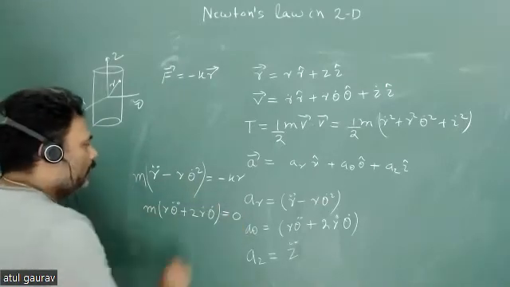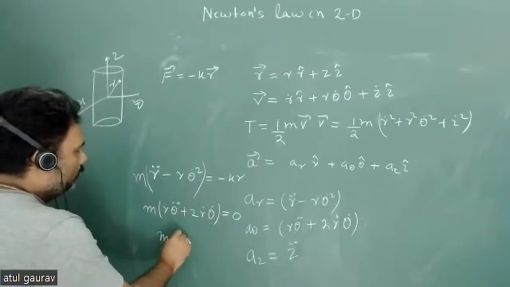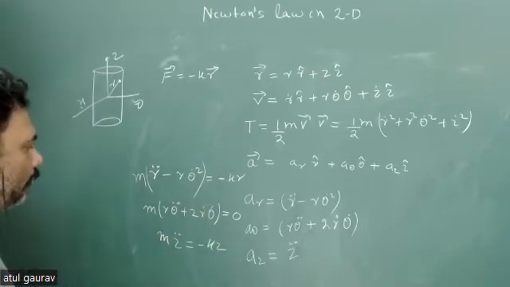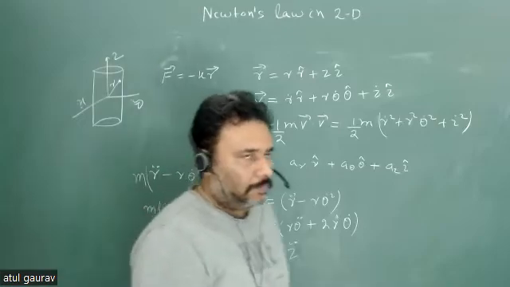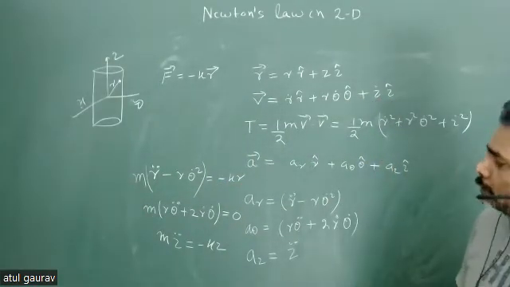Very good. Next, M Z double dot is equal to minus KZ. True or false? True.